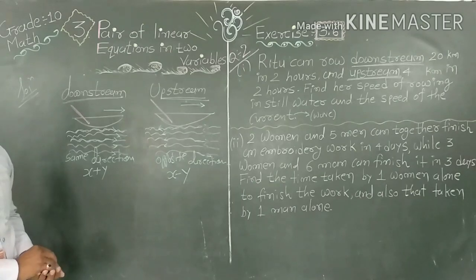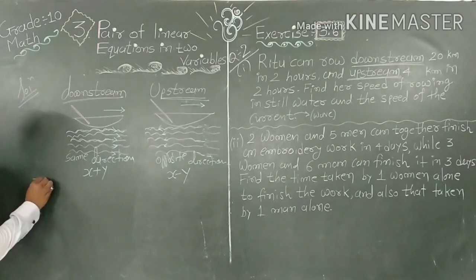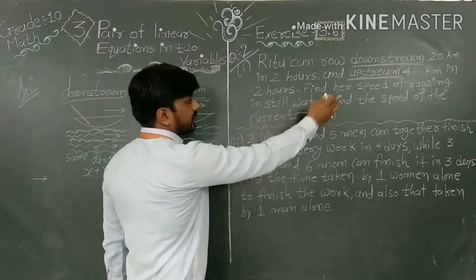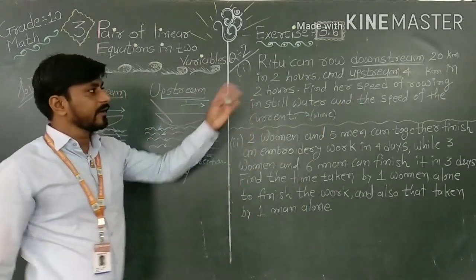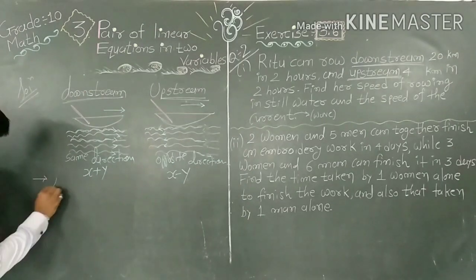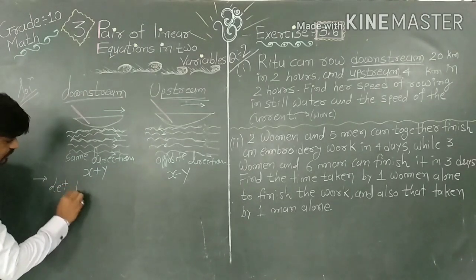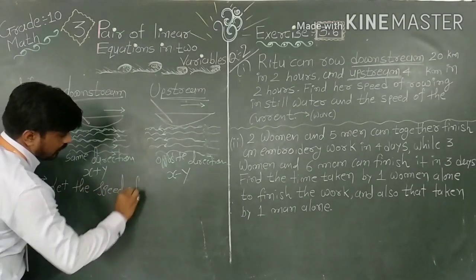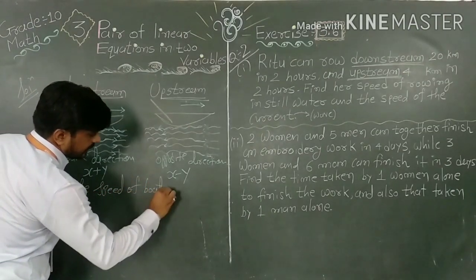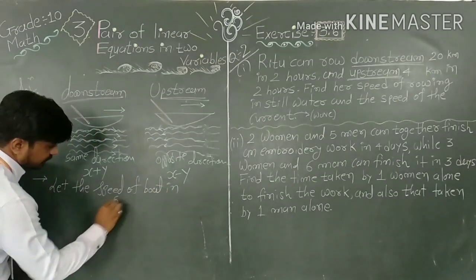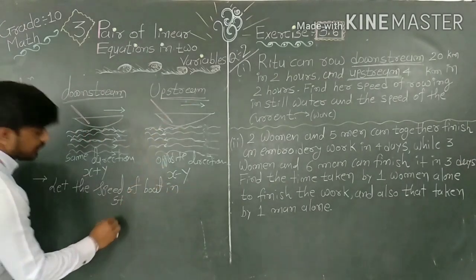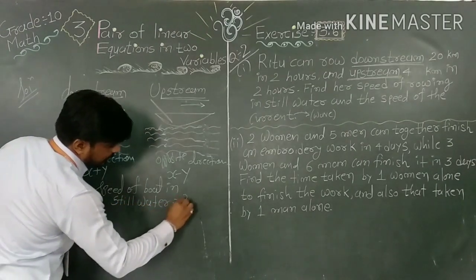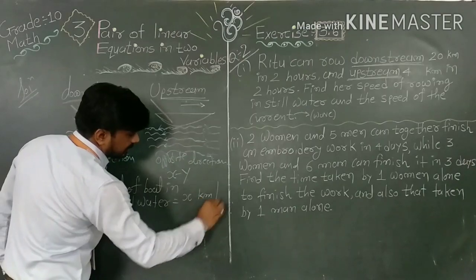Now let's start. First of all, we find the speed of the boat in still water and the speed of the current. Therefore, let the speed of the boat in still water be x kilometer per hour.